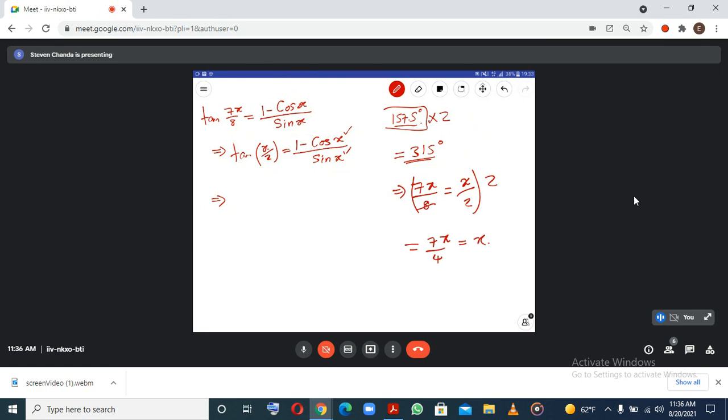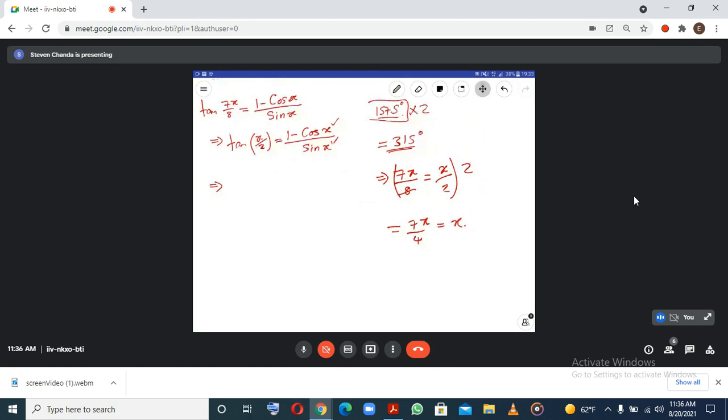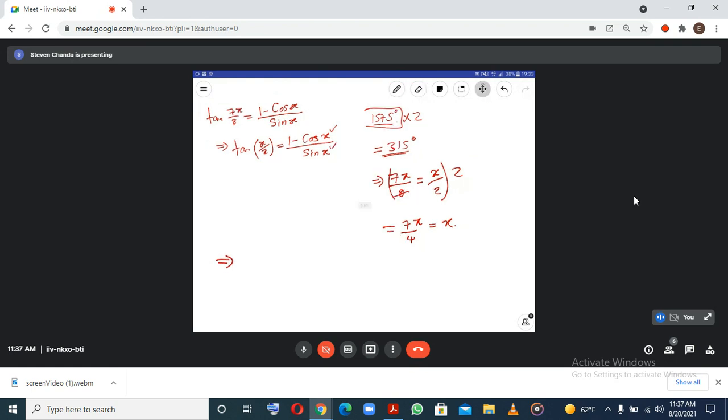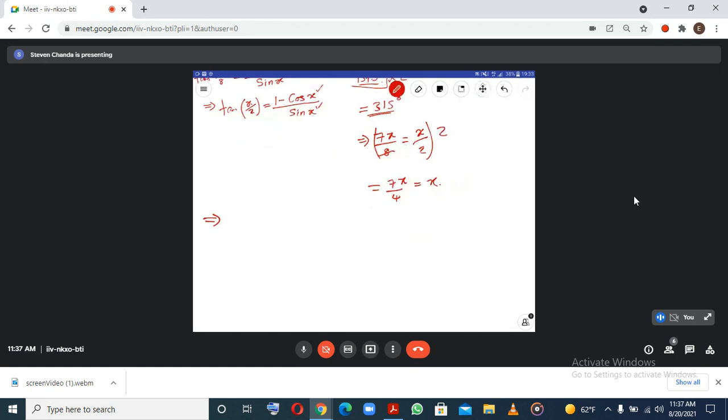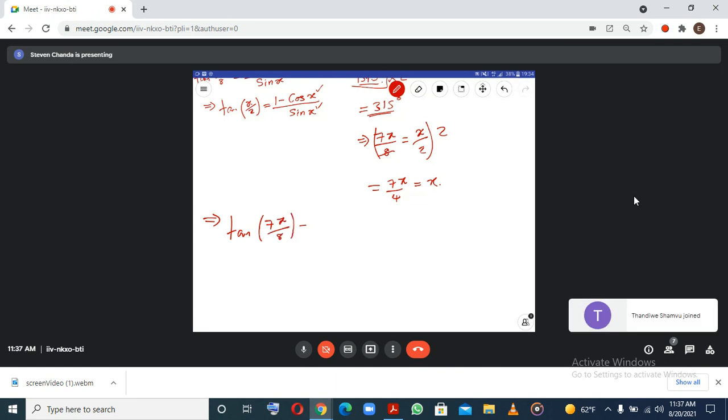We know that in degrees, that x is 315 degrees. Remember, degrees are easier than radians. Who wants to use radians? But you just have to ensure that you are showing you're working in radians, so that you don't lose marks. So now we can write this and say tan 7 pi over 8 is what?